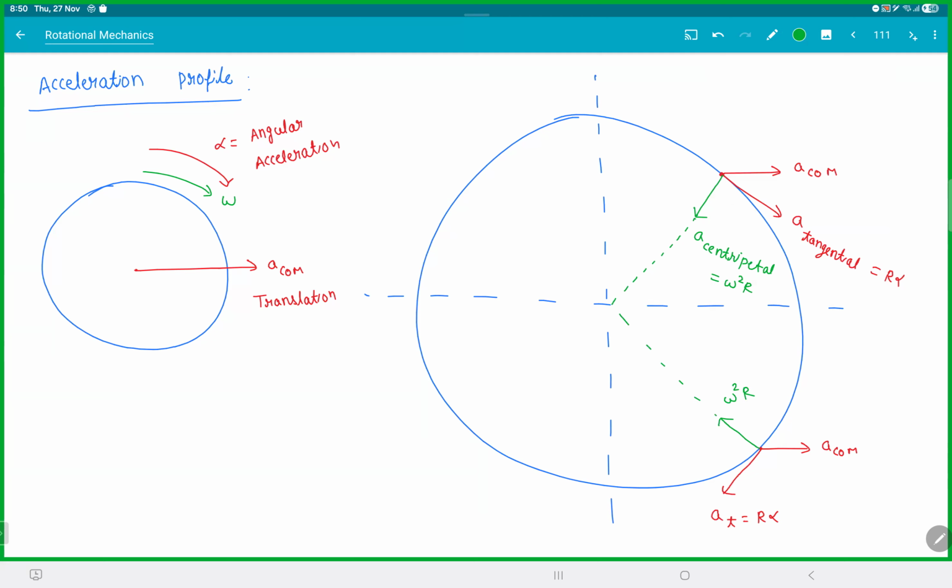So there will be three accelerations at every point. Omega square r, a center of mass, r alpha. So if someone asks you to find the acceleration of any particular point, you have to take the resultant of all these three accelerations.